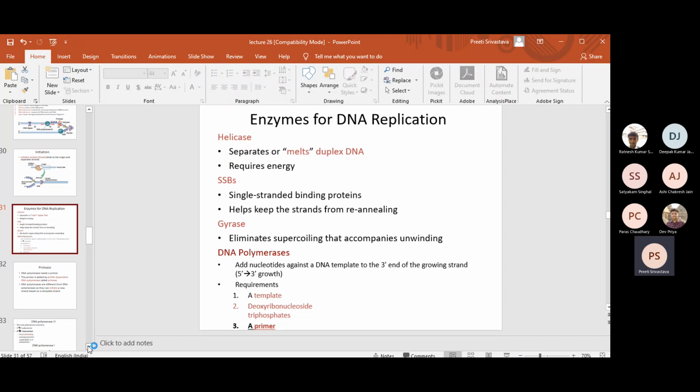All 3 polymerases have 3' to 5' proofreading activity, but only DNA polymerase 1 has 5' to 3' exonuclease activity. So this is important to remember, class. That means the removal of RNA primer is possible only by DNA polymerase 1, because it is this polymerase only which possesses 5' to 3' exonuclease activity.